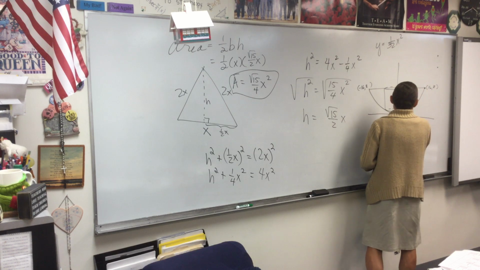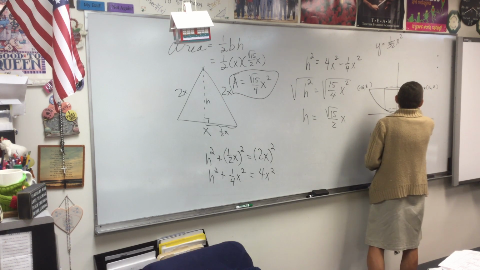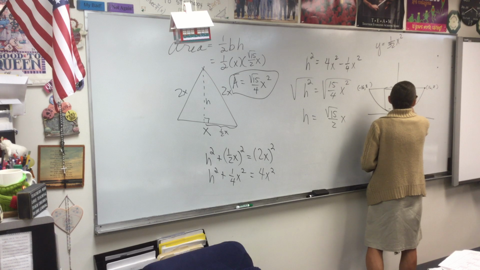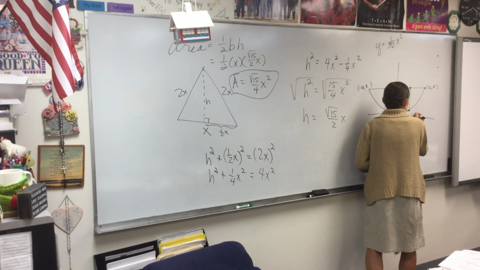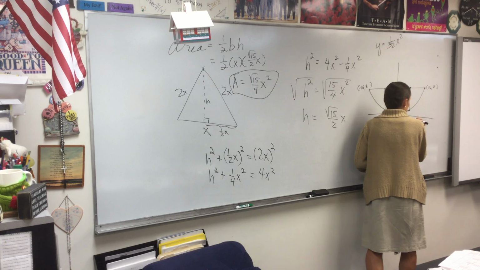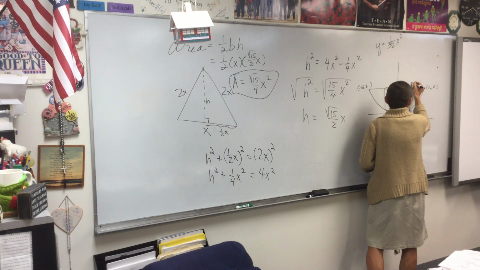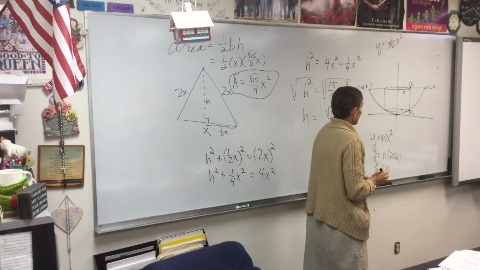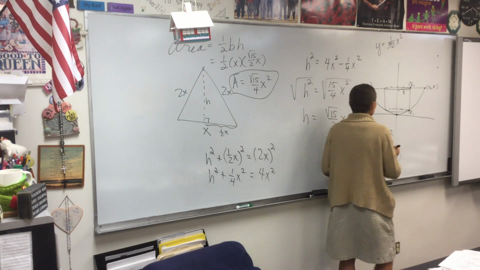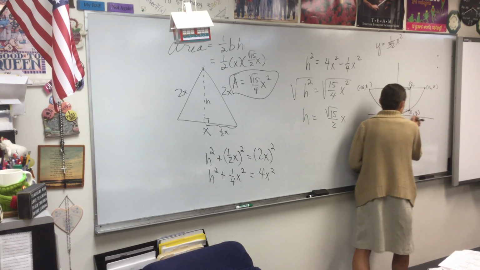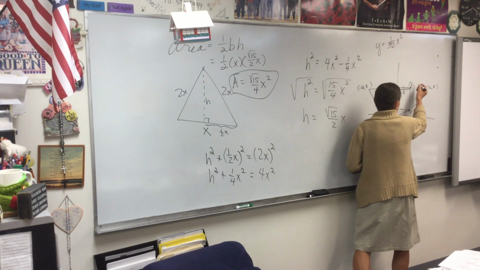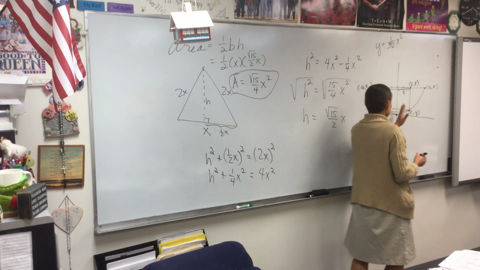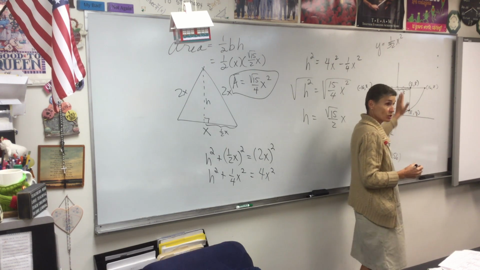So this is 8, which means these 2 points have x coordinates of 8. I have no idea what this y coordinate is, none whatsoever, but I know this y coordinate is also 8 because the dish was 8 inches deep.